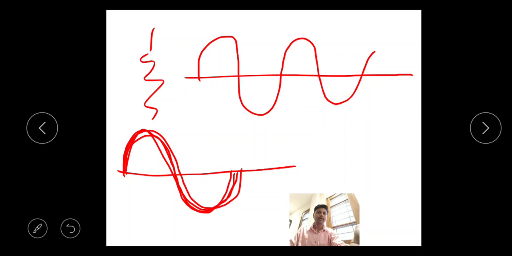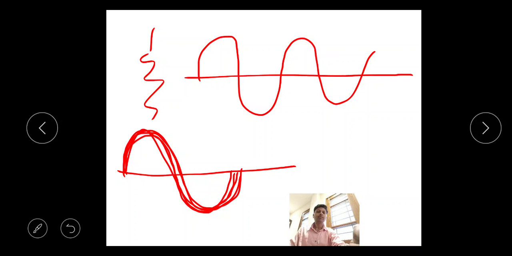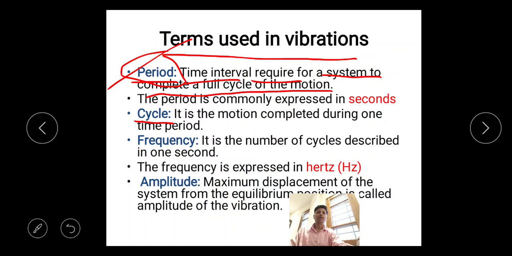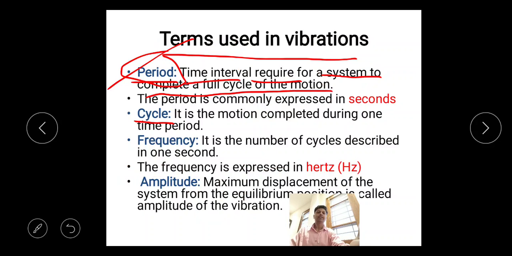Whatever time is taken to complete this one cycle is called time period. Next, cycle. What is cycle? Whatever motion is completed in one time period is called as cycle, and vice versa.